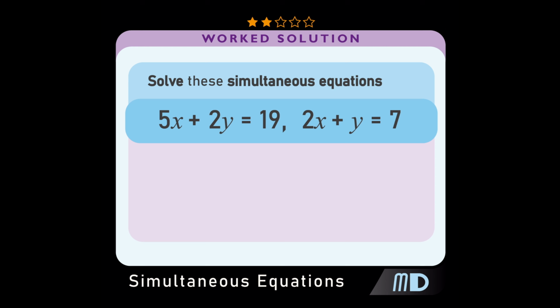To begin, we need to identify which variable we can eliminate. We've been given the equations 5x plus 2y equal to 19 and 2x plus y equal to 7.